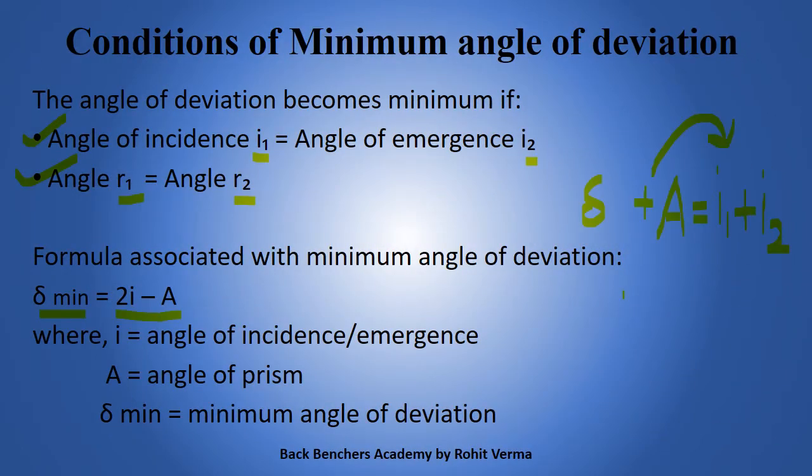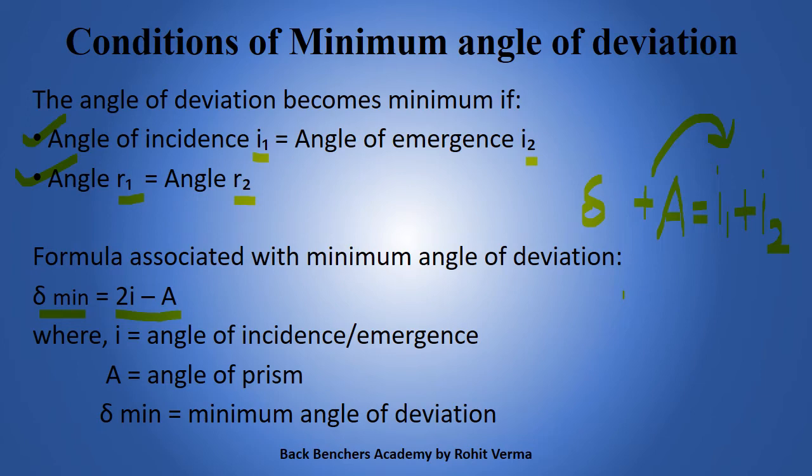Minimum angle of deviation. Let's see when it is possible to create a least angle of deviation for any light, may it be a monochromatic light or a white light. So how can we create a minimum deviation? Angle of deviation can become minimum if, first, I1 becomes equal to I2, which means the angle of incidence becomes equal to the angle of emergence.